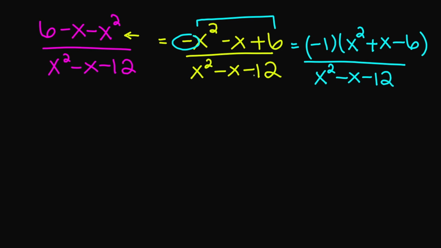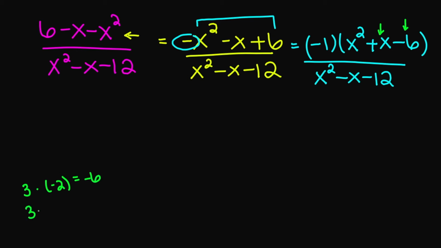So now let's continue factoring if we can. So we need two numbers. When I multiply, that's going to give me a negative 6. However, when I add those same two numbers, they have to give me a positive 1. So that's going to be 3 and a negative 2. If I multiply 3 times negative 2, I'm going to get a negative 6.